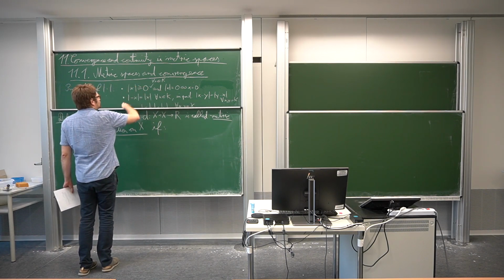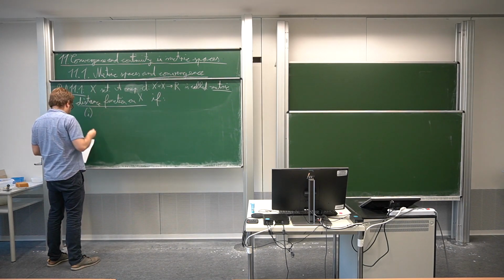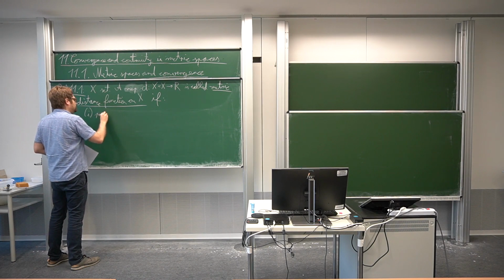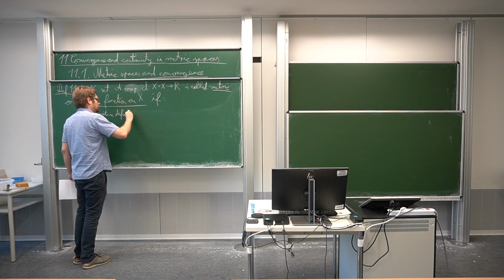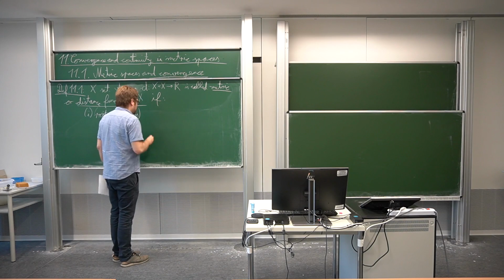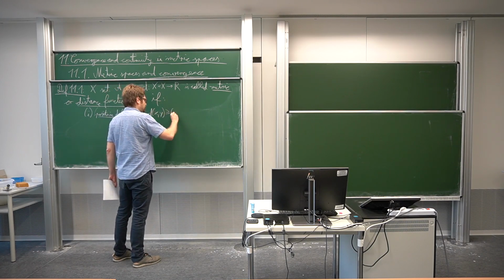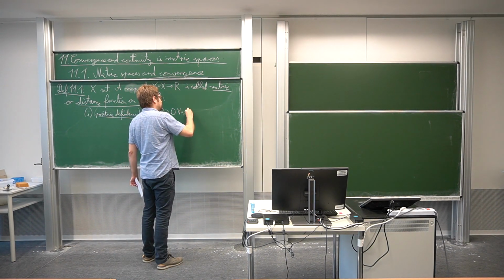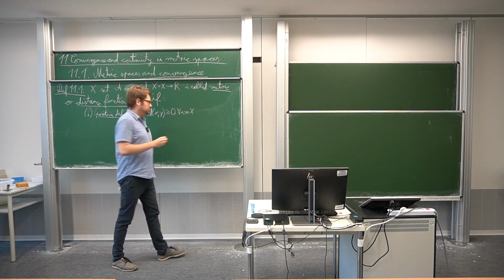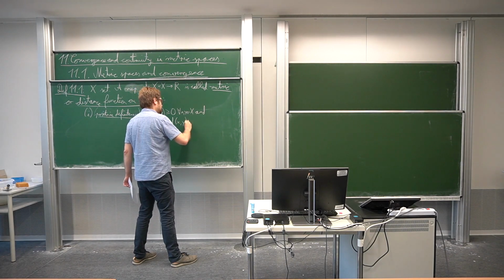So we want to generalize these statements in so far as, first of all, this property is also called positive definiteness. Namely, we want that first of all, the distance between 2 points is always non-negative, which makes sense if it's a distance. So just intuitively for all x, y in X. And we want that the distance between x and y is 0 if and only if the points are the same.